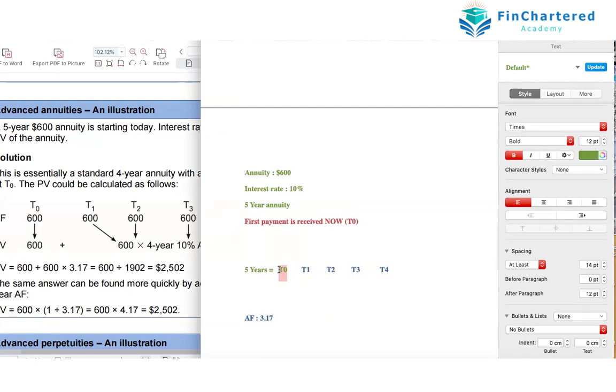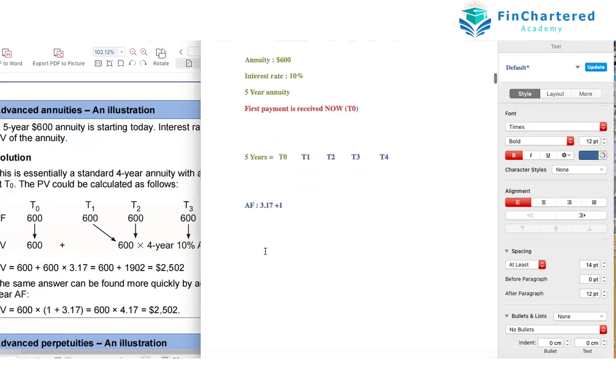There will be no discounting, so it's like you just add 1 to it. Because remember, we said earlier, in yesterday's class also, that the discount factor for time 0 is always 1.